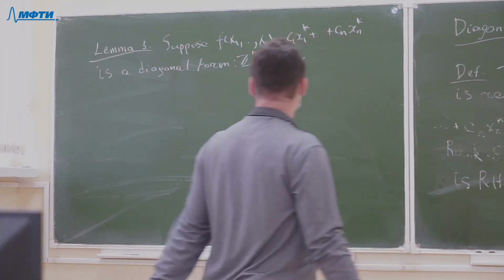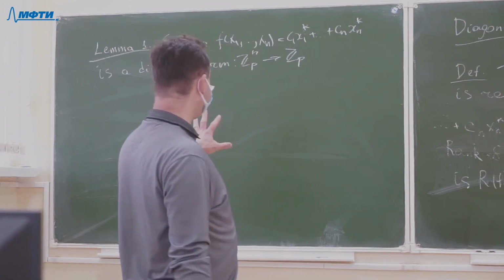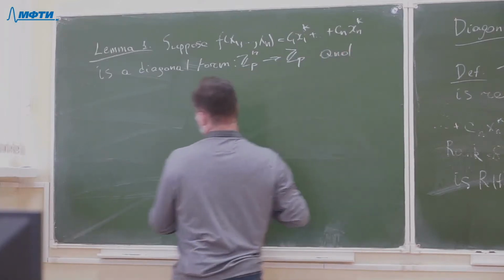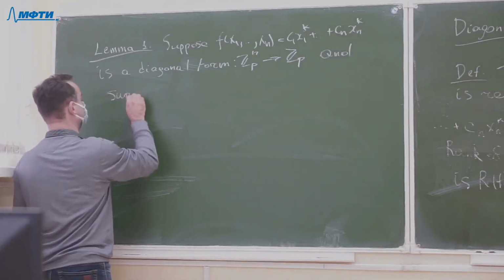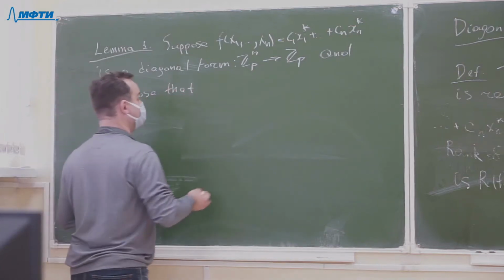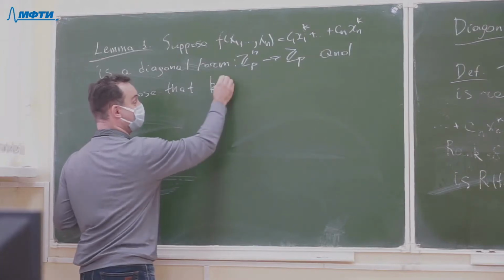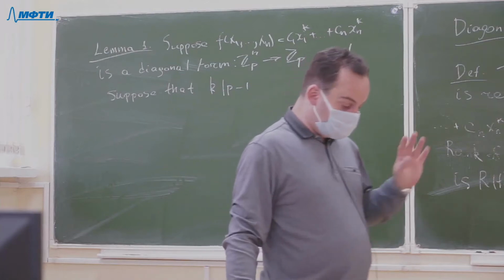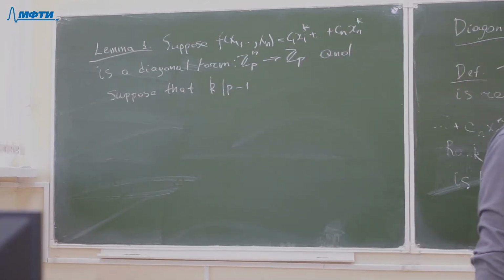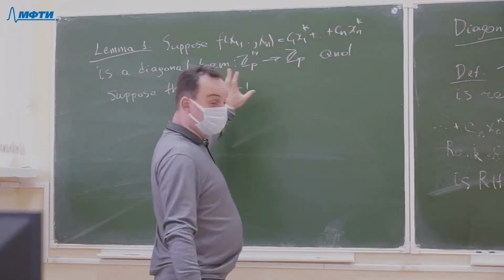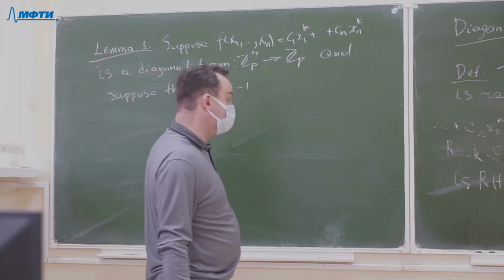I'm sorry. And suppose that k is divisible by p minus 1. K is a divisor of p minus 1. We get rid of this supposition a bit later. In the first lemmas, we always suppose that k is a divisor of p minus 1.